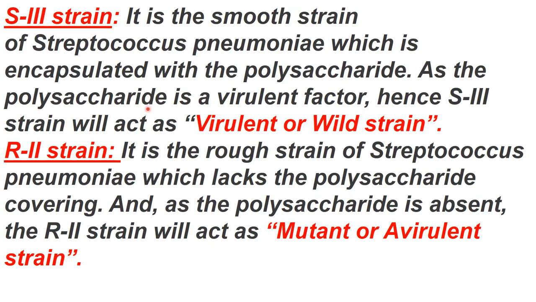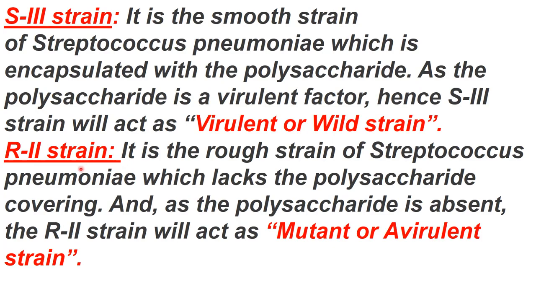That's why this bacterial strain will not be killed by the human immune system or by the mice immune system, and that's why it will be able to infect, or cause pneumonia, and that's why it is called the virulent or wild strain of bacteria.